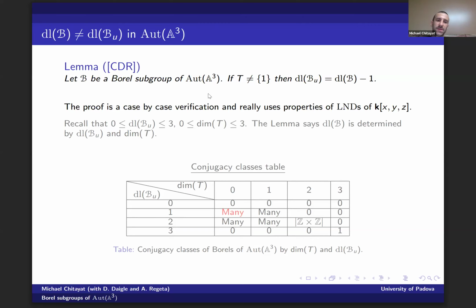And the proof is basically a case-by-case verification. You look at each of the various possible derived lengths of Borels, and you take advantage of properties of LNDs of the polynomial ring in 3 variables. And so what this lemma tells us is that the derived length of B is actually entirely determined by the derived length of the unipotent radical and the dimension of T.